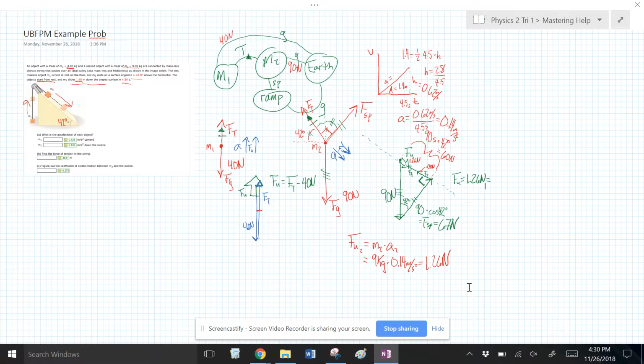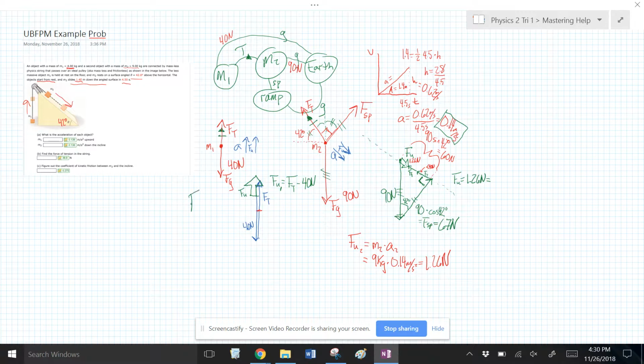So we just figured out the FU is 1.26 over here. That'll be the FU for that object to get an acceleration of 0.14 meters per second squared. It'll be a different FU over here. This FU for object 1 is going to be different, but they will have the same acceleration, 0.14 meters per second squared.